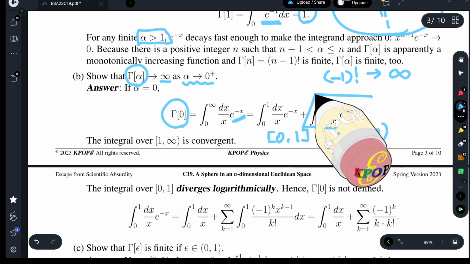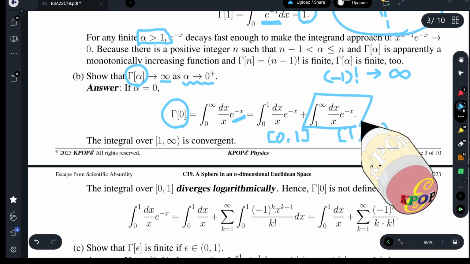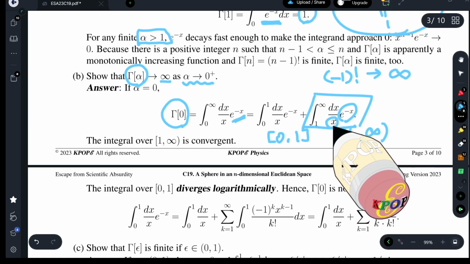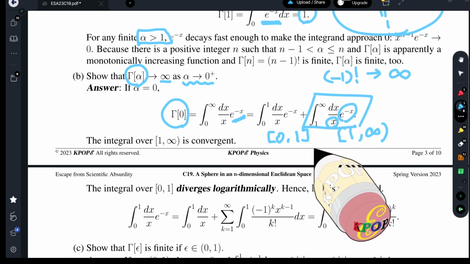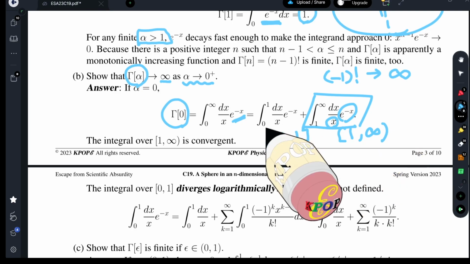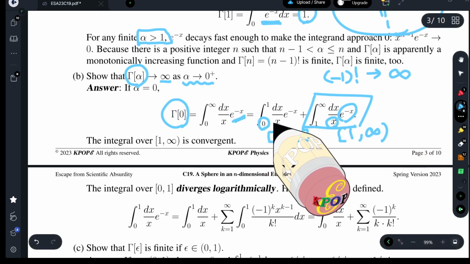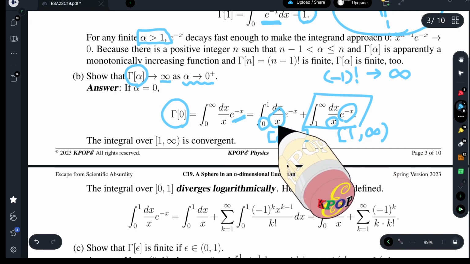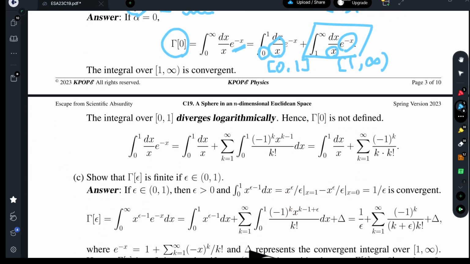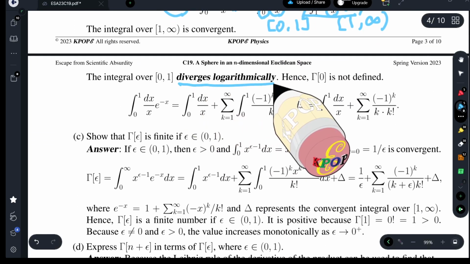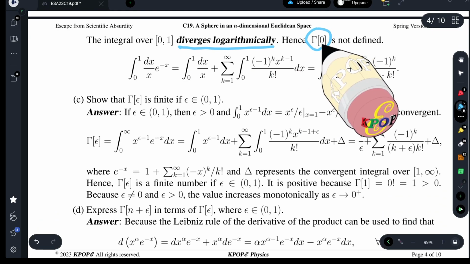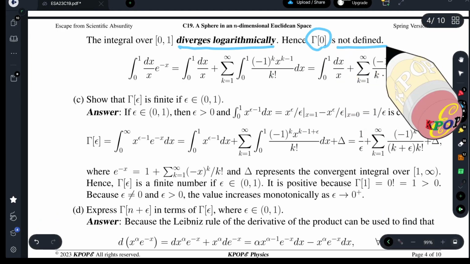The second part doesn't matter because of this factor, and this one never touches 0 in this region. However, in the limit as x goes to 0, 1 over x diverges logarithmically. Therefore, gamma 0 is not defined.